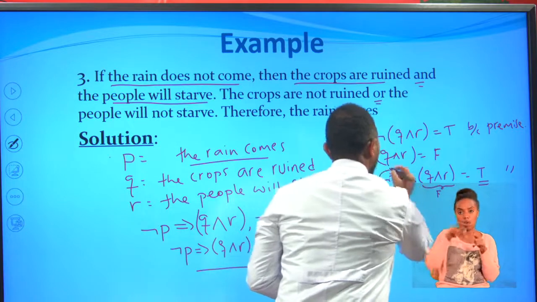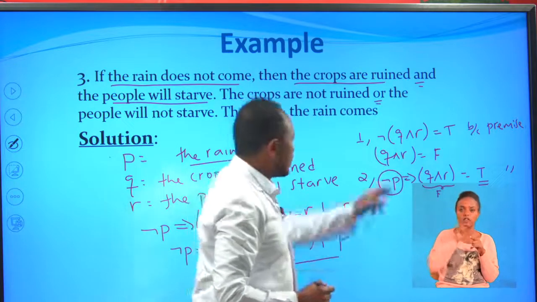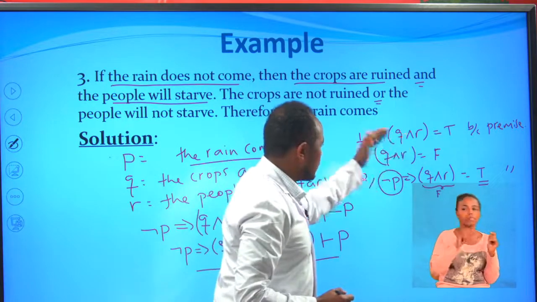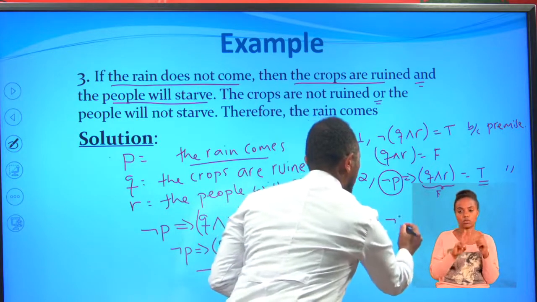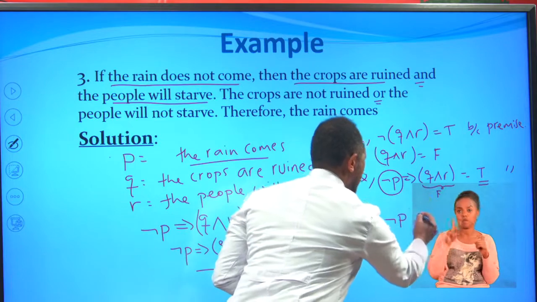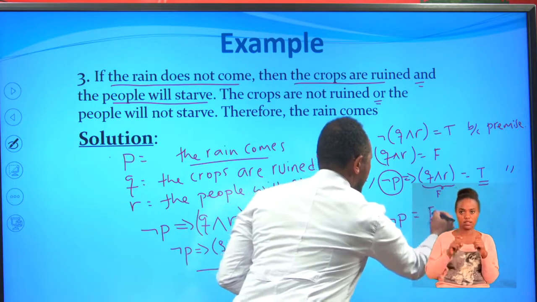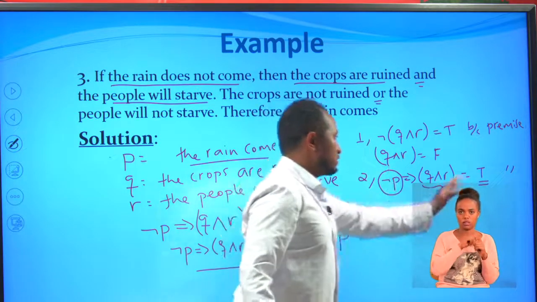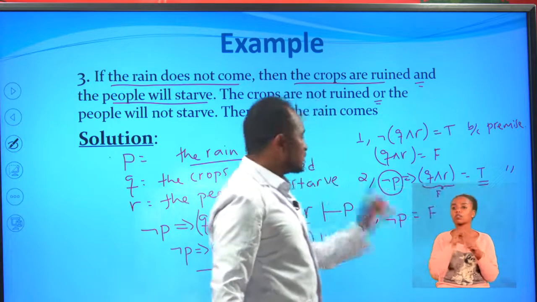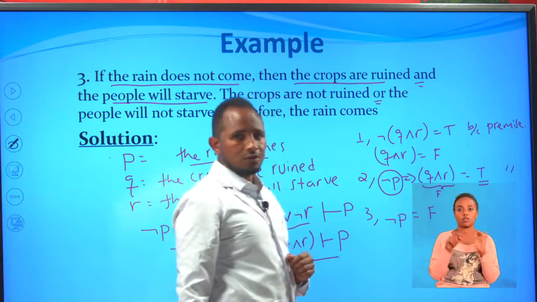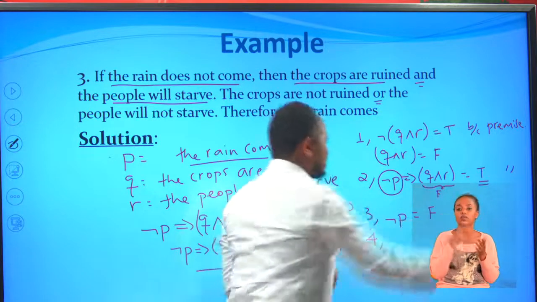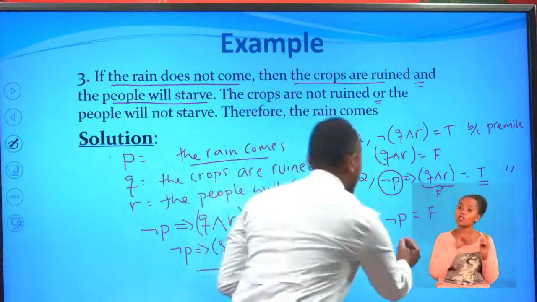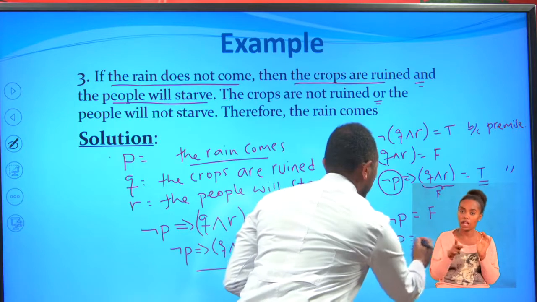From 1 and 2, negation of P must be false. False implies false gives this one. Otherwise, it can't. So negation of P is false from 1 and 2. This implies that P is true.